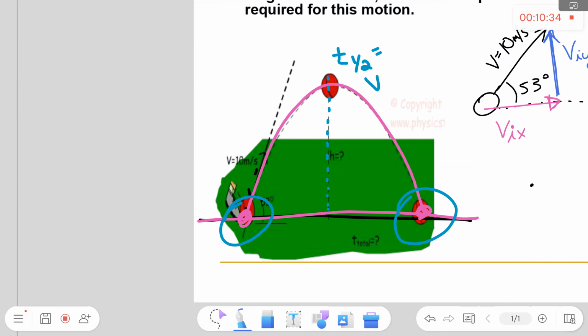We also know one other piece of information. What is the velocity in the y direction at the halfway point? That's the acceleration. The velocity. So I'm going to get my ball. Throw the ball up, like that. The whole path, right? At the very tip top, what's the velocity? 0.